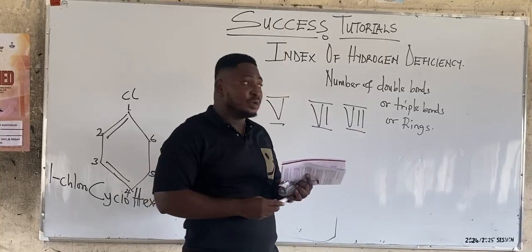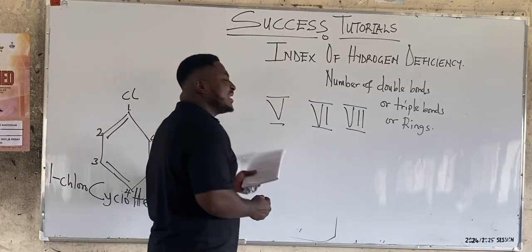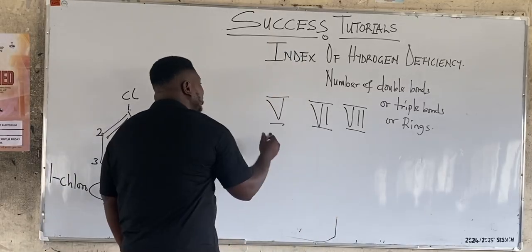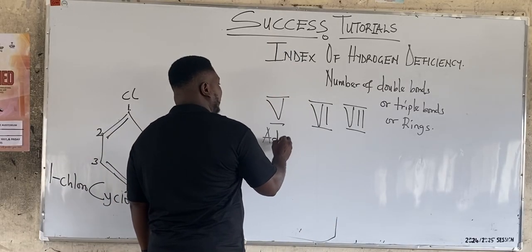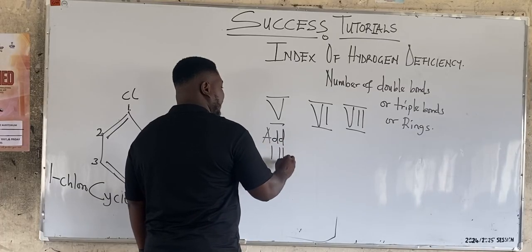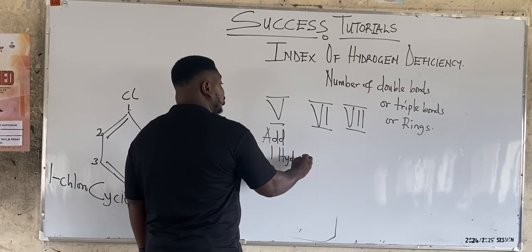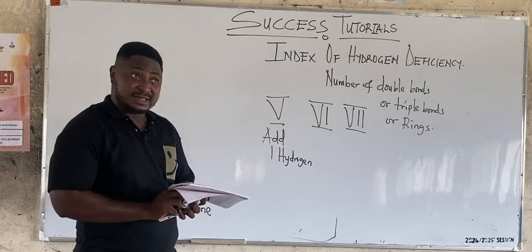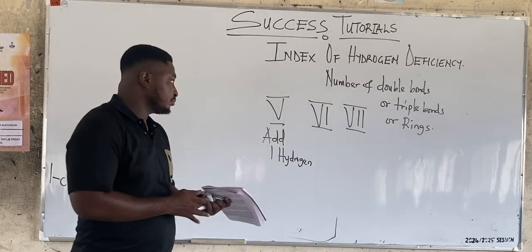Class, there's an effect a group 5 element has on an unsaturated compound. Group 5 elements usually add 1 hydrogen to organic compounds. Note, group 5 elements cause the addition of 1 hydrogen.